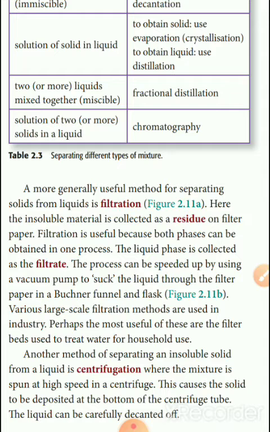In order to get rid of that moisture, or liquid content, we should use this vacuum pump, because it is going to suck up all the liquid or moisture present in the residue. So that is the way we can do this.